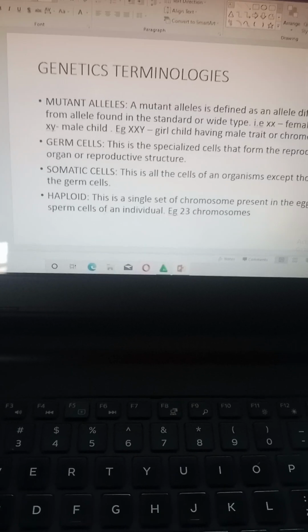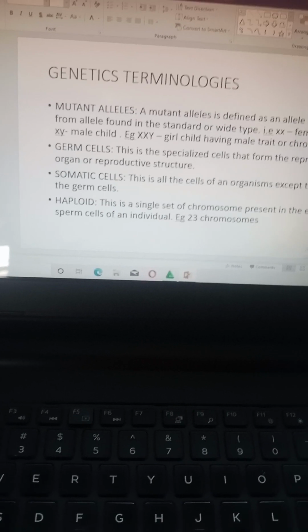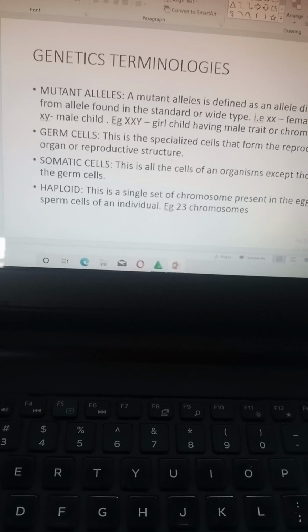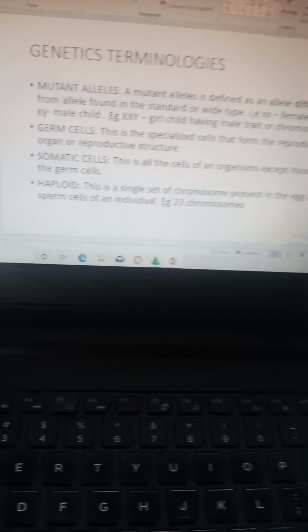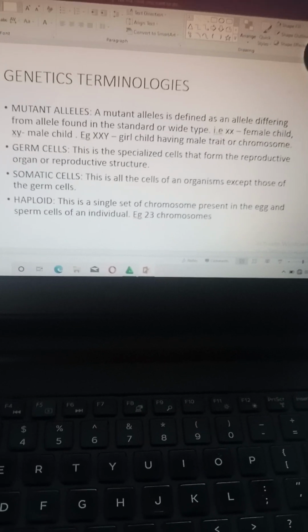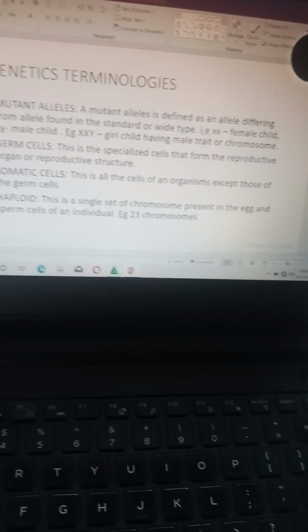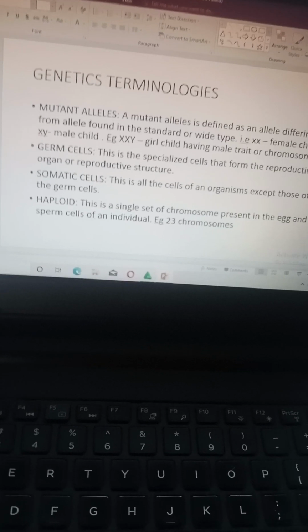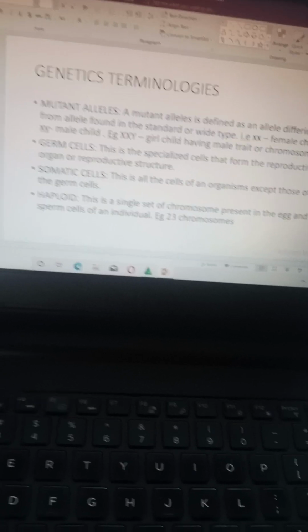In fact, germ cells are found strictly in reproductive organs for meiosis, for sexual reproduction, while somatic cells are the cells for mitosis, which is for body growth, repair, and maintenance.